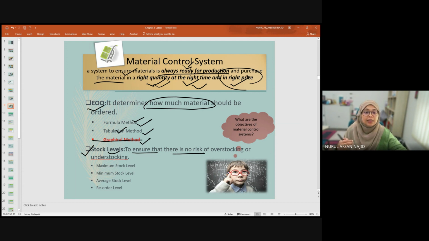Tetapi stock level lebih kepada untuk mengelakkan ataupun meminimumkan case overstocking or understocking. So dia akan calculate what are the maximum level, minimum, average and reorder level. So di sini ada formula. Ada berapa formula? 1, 2, 3, 4, 5, 6 yang you kena faham dan you need to memorize.